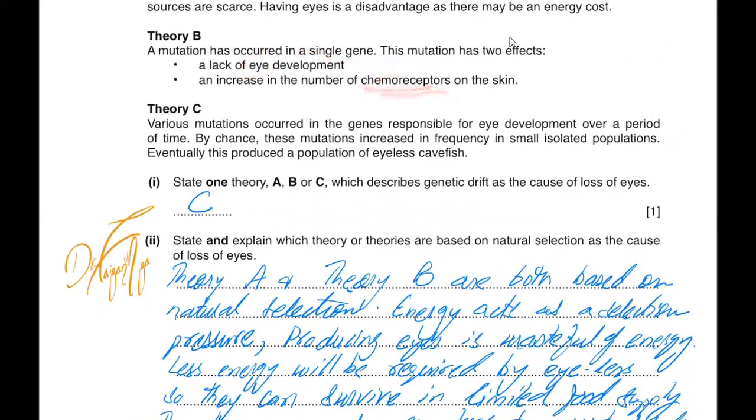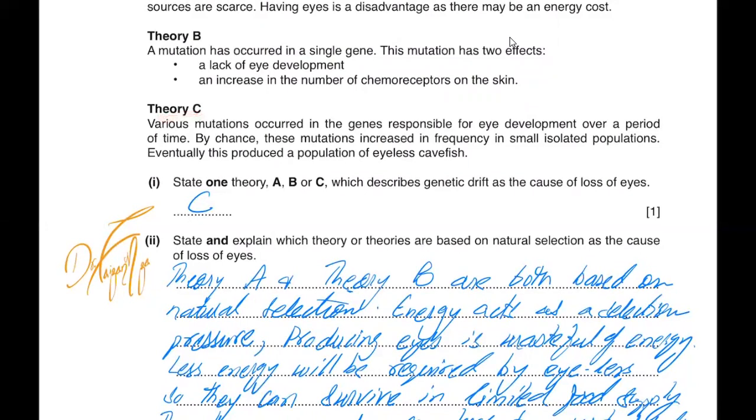Chemicals can be sensed by the skin, and they may be sending the same kind of information. We can relate because bats are blind. Bats use sound waves, and the sound waves that are reflected back to them, they calculate distances according to that. That's just some basic information from your old general science classes. Anyhow, coming back to theory C.